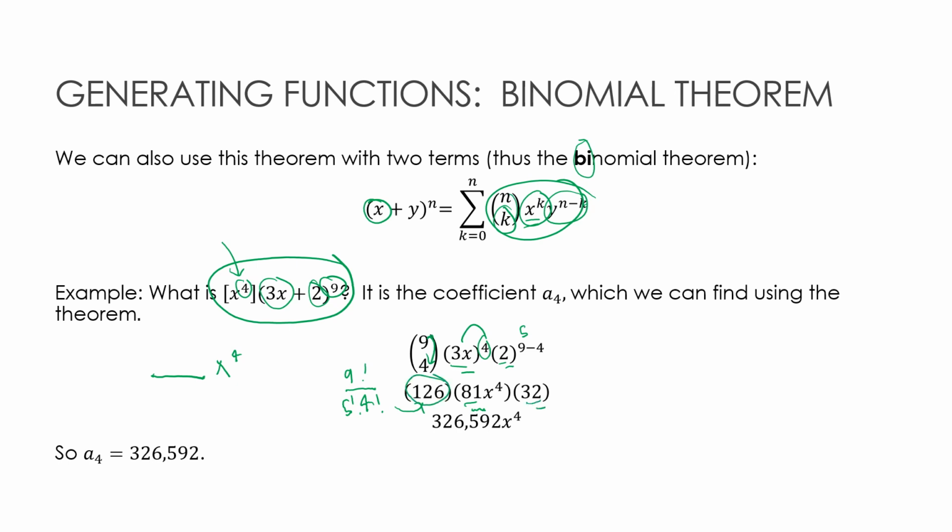If I multiply 126 and 81 and 32, I get 326,592 and x to the 4th. So what am I interested in? The coefficient. That's the answer that I'm looking for. Again, instead of multiplying it out, I just use the binomial theorem.